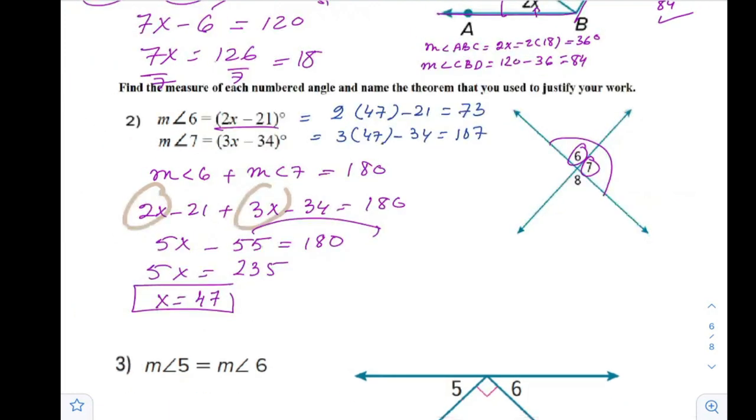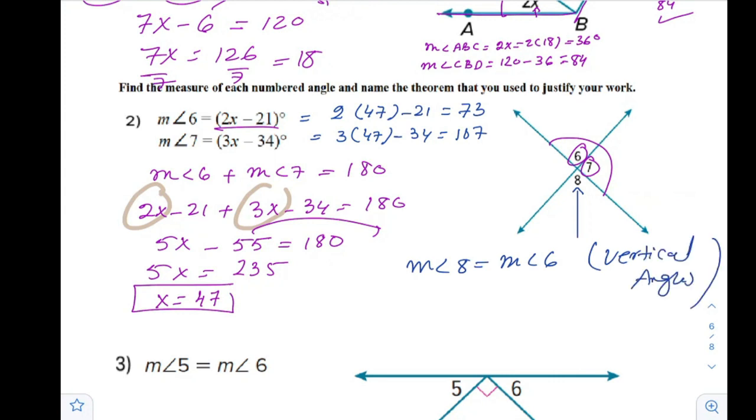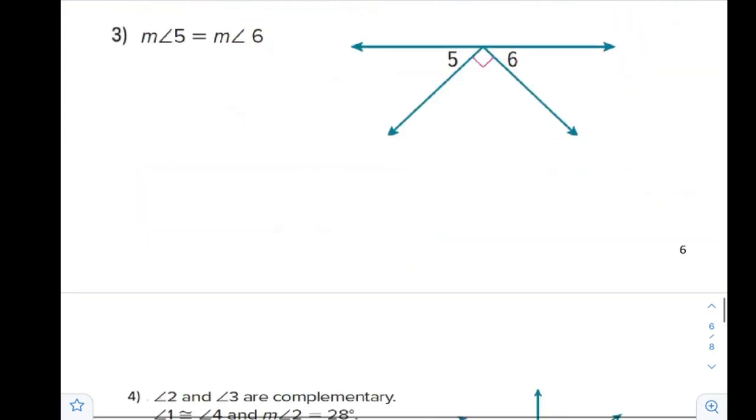So what is the measure of angle 8? The measure of angle 8 is definitely equal to the measure of angle 6 because they are vertical angles. So the measure of angle 8 is also 73 degrees. Now, let's move here.